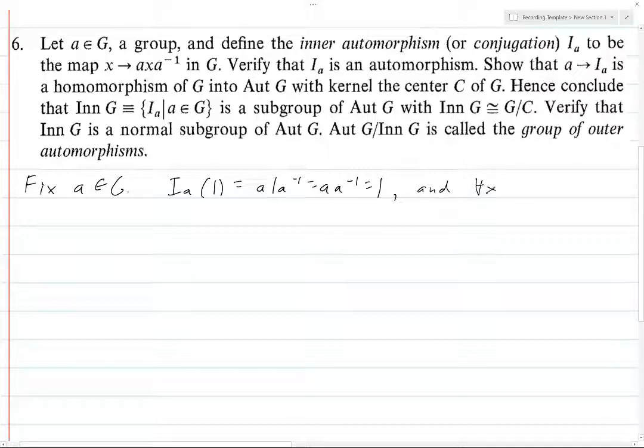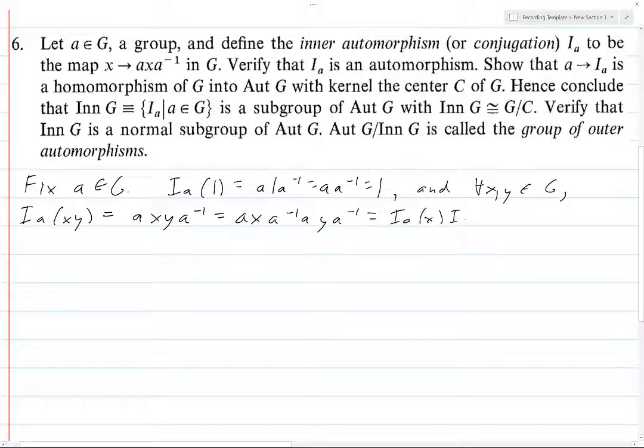And for all x and y in G, IA of xy equals AxyA inverse, which is, you can just throw an A inverse A in the middle there, and it becomes IA(x) IA(y), so IA is a homomorphism.